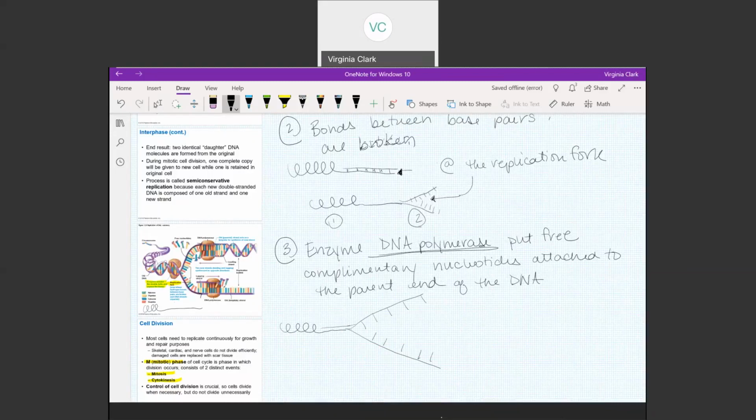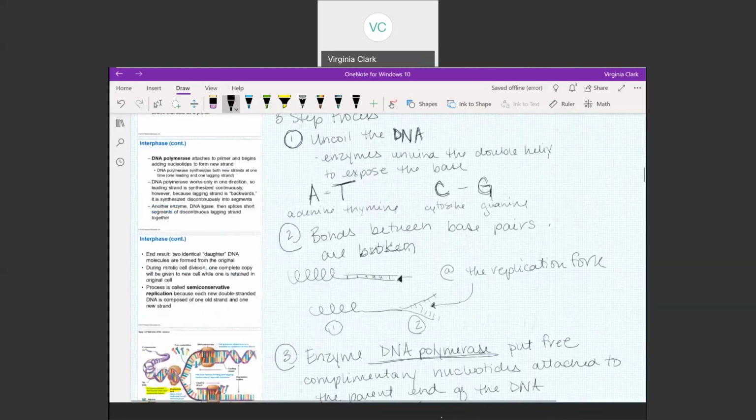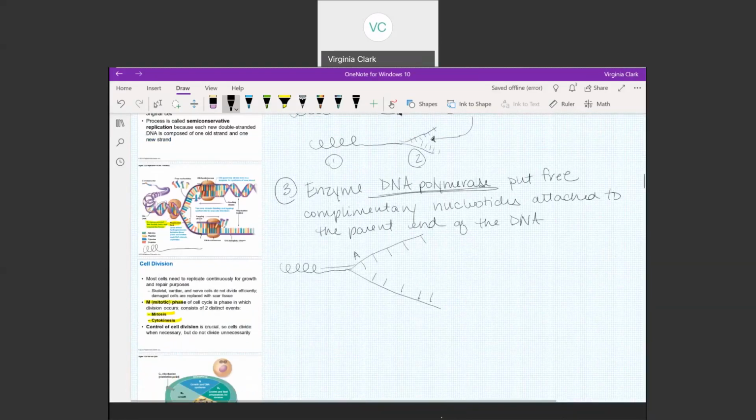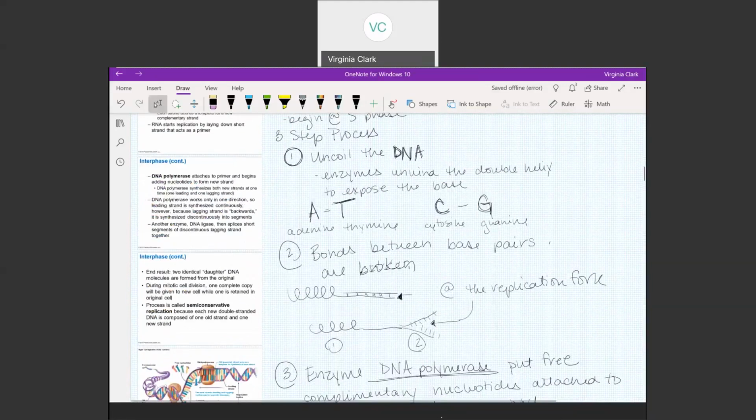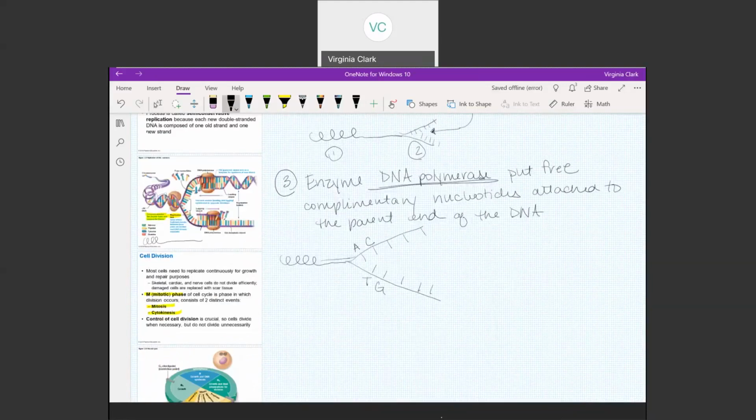So if this nucleotide right here was an A, the piece attached to it is going to be its complementary part, so A to T. This is going to be a T. If this was a C, the complementary part to that C is going to be this G. So you can kind of see how it has unzipped.